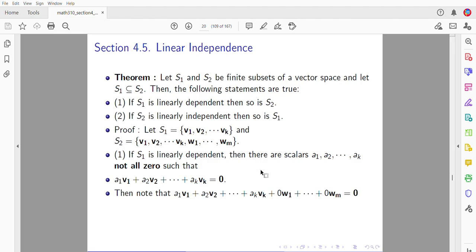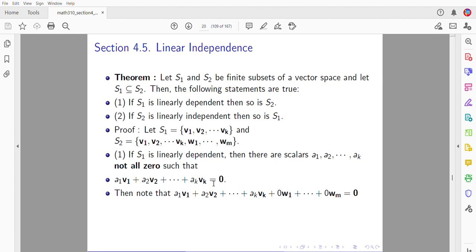Which means I can use the same coefficients a1 through ak for v1 through vk and then 0 for the w's. So notice I still have some non-zero coefficients resulting in the zero vector. All I placed was zeros for the w's so that I don't change my previous equation.